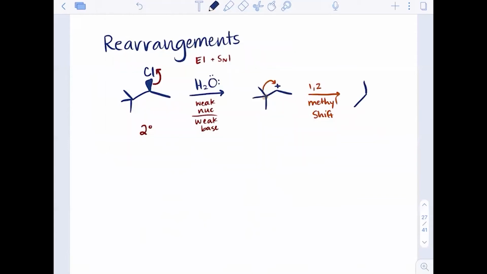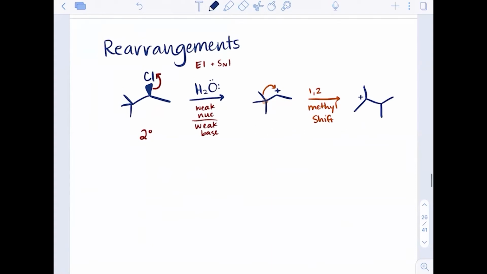They will. Remember, intramolecular reactions are way faster than intermolecular. So that water is not going to come and react until that carbocation has already shifted secondary to a tertiary. Definitely more stable. Then we can keep going.